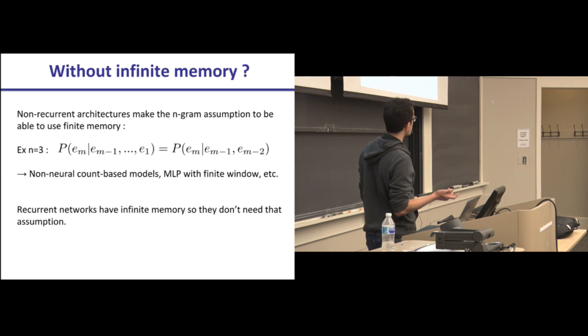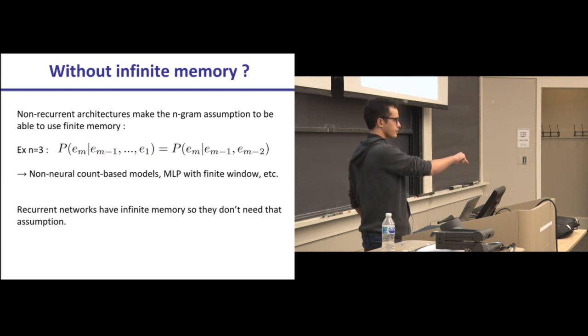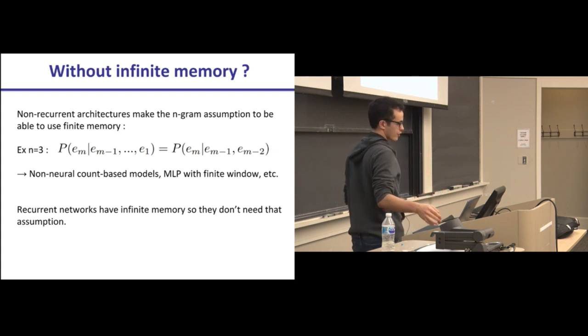If not, it's just a tuple of successive words of finite length. So a trigram would be EM minus 2, EM minus 1, EM. In the n-gram assumption, you consider that the probability of a word depends only on the n minus 1 words before. So you can do a lot of stuff with that. It works well too, actually, better than you'd expect.